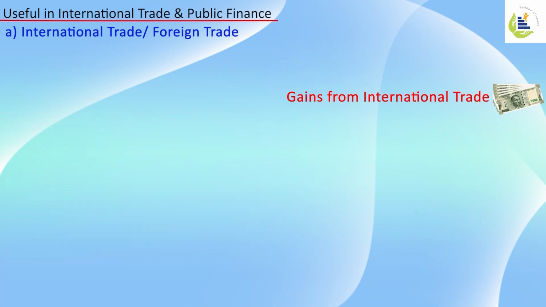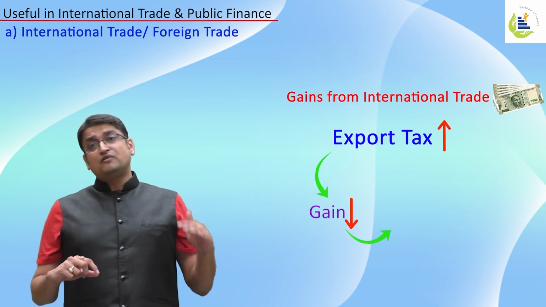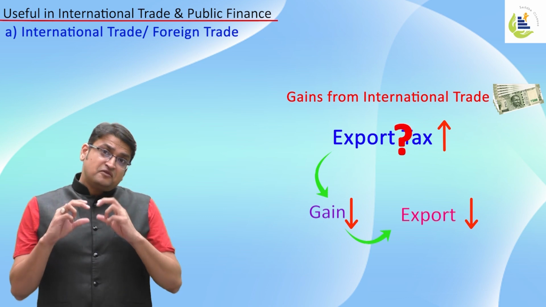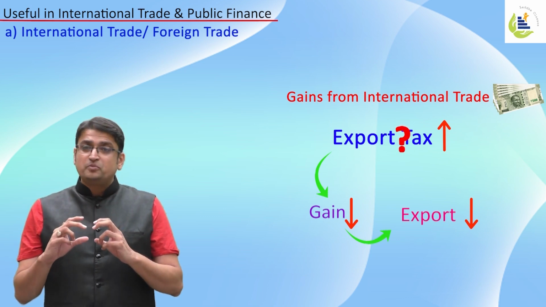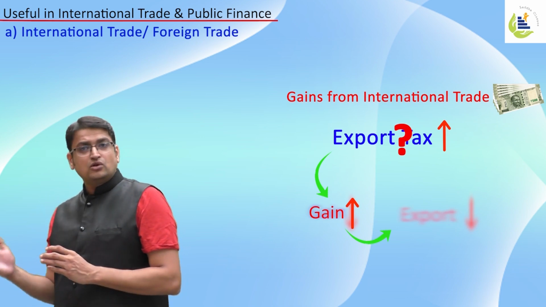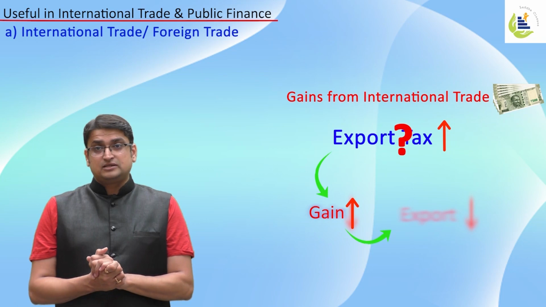So, if we unnecessarily put higher taxes on export, automatically the gains for the exporters will be very less. So, automatically the tendency of sending the export will be less. So, what kind of taxation policies the government should put so that the gains from international trade to the importer or exporter are achieved is decided with the knowledge of microeconomics.